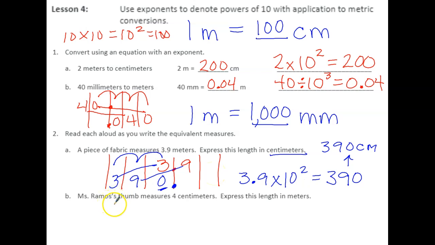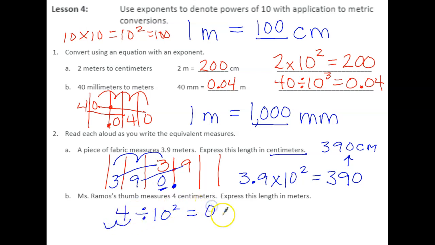So we're going to say 4 centimeters divided by centimeters to meters. That's centimeters to meters is 100. We could have written that as 10 to the second power. And we're going to say this is equal to divided by 10 divided by 100.